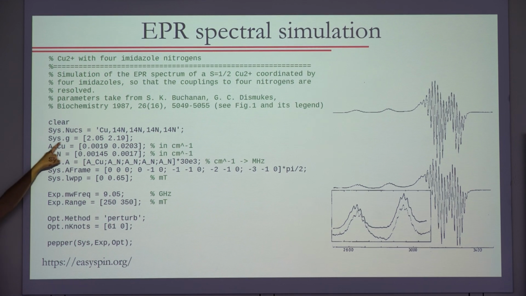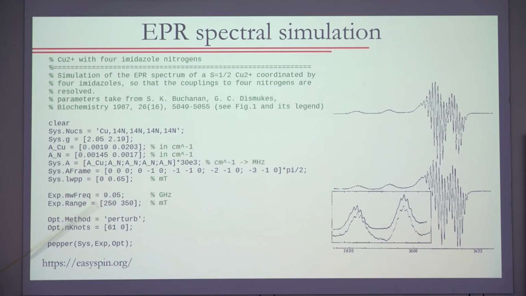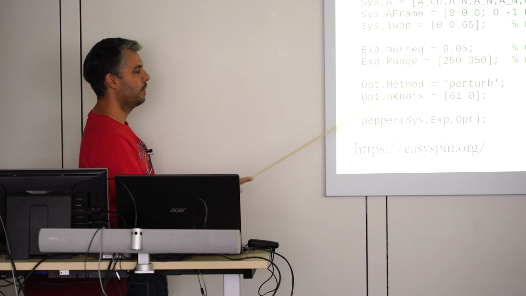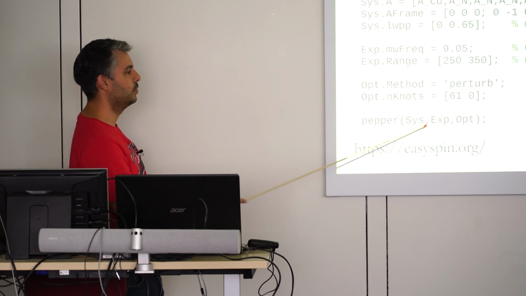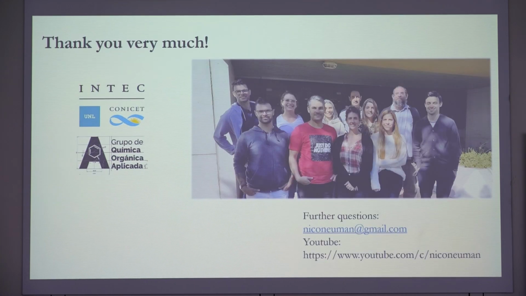But you have to define the G values, the number of nuclei, the hyperfine values for all the nuclei, some experimental settings, and optionally some simulation options, and then you call Pepper, which is for frozen solution or solid state, basically for static spectra, and you will simulate your spectrum. And yeah, that's it.